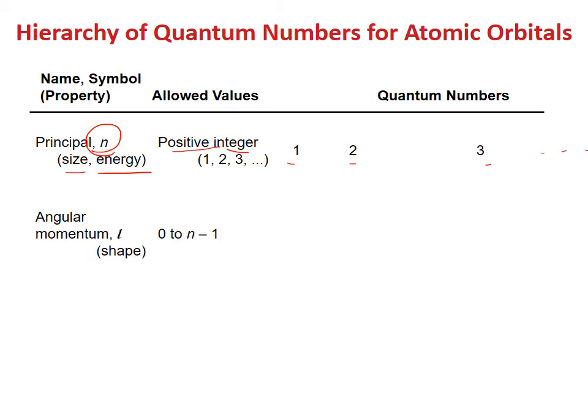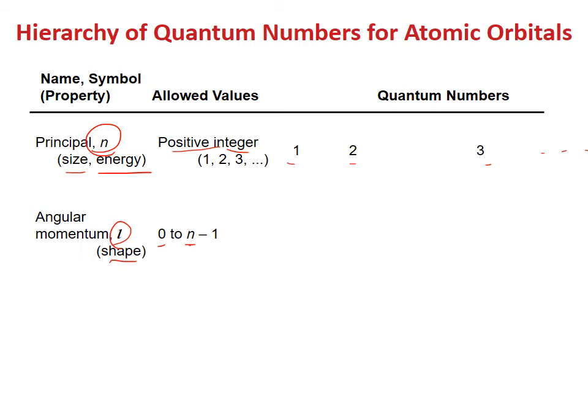The angular momentum quantum number l determines the angular momentum of the orbital and also tells you the shape of the orbital. The possible values are determined by quantum number n, so from 0 until n minus 1.